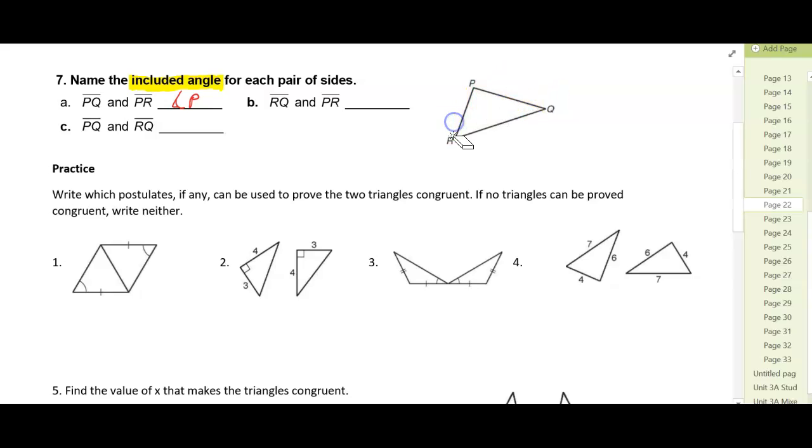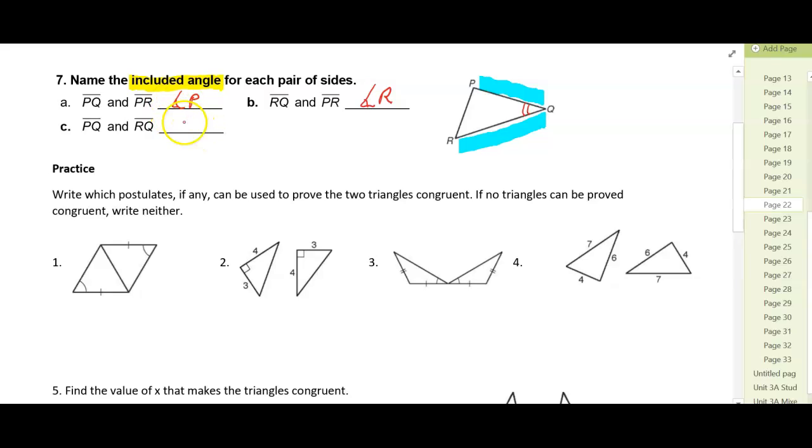I'm going to erase this. For part B, I got RQ, I'm going to highlight it, and PR. So the included angle there is angle R. And then I'm going to erase that. For the third example, PQ and RQ, the included angle is angle Q. It's in between those two sides.